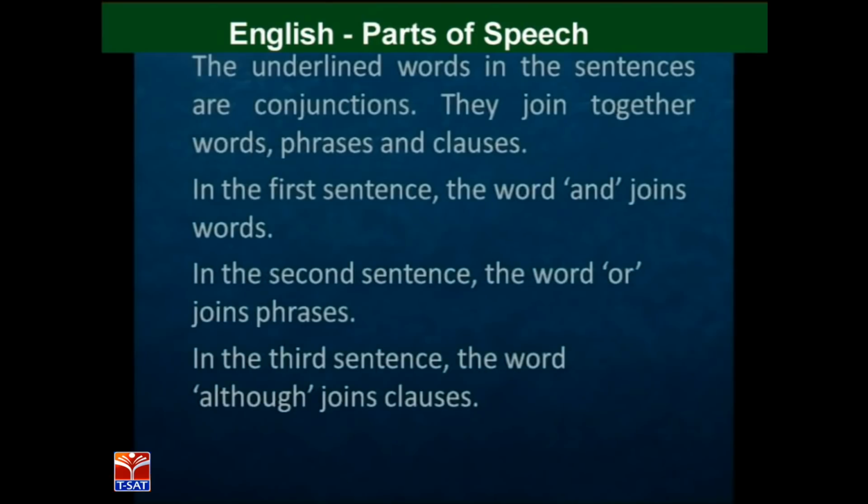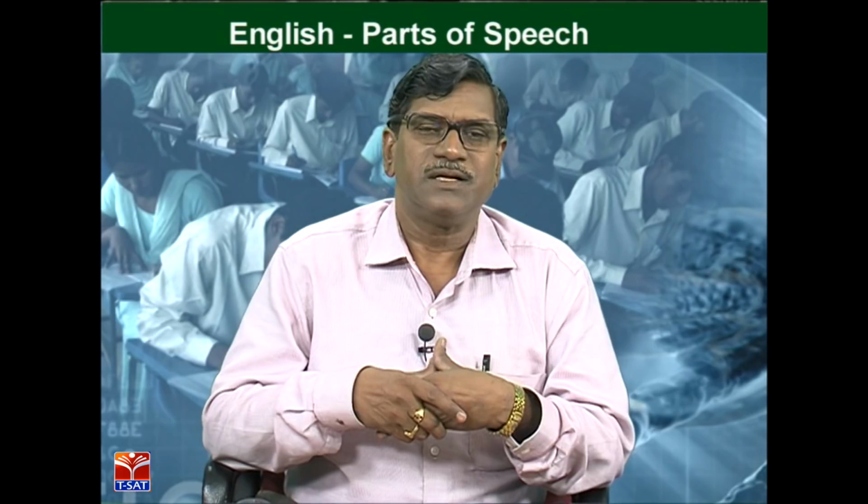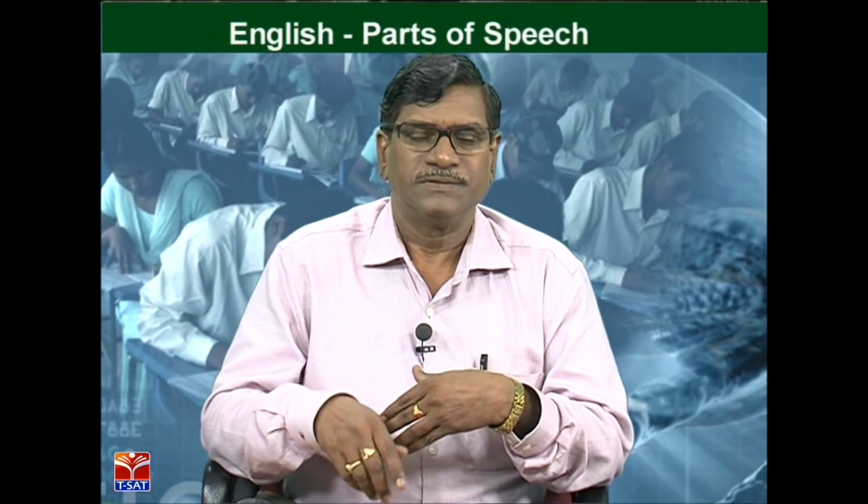So, that is why we can say that a conjunction is a word which is used to join together words, phrases or clauses. So, after conjunction, we move on to the last variety of words, that is interjections.